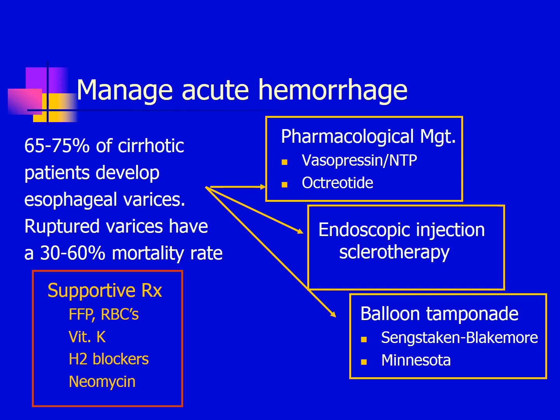Balloon tamponade: remember I talked about inflating a balloon so that it applies pressure to that site. And then supportive therapy: fresh frozen plasma, red cells, vitamin K, H2 blocker, and neomycin. Next slide.